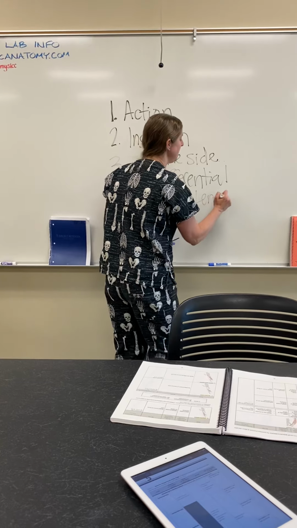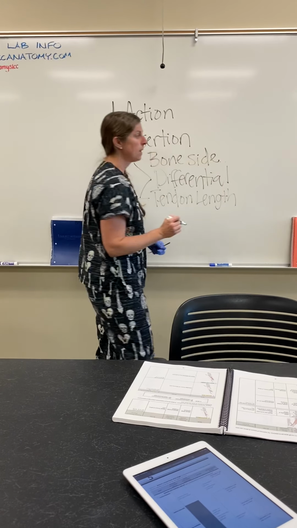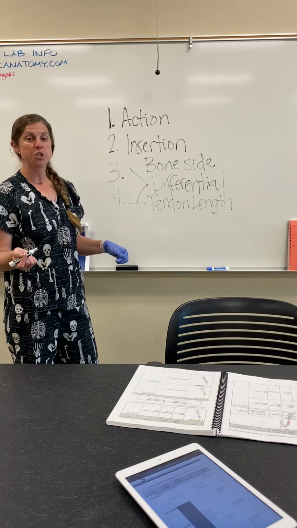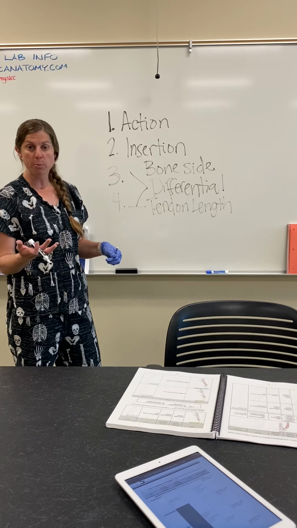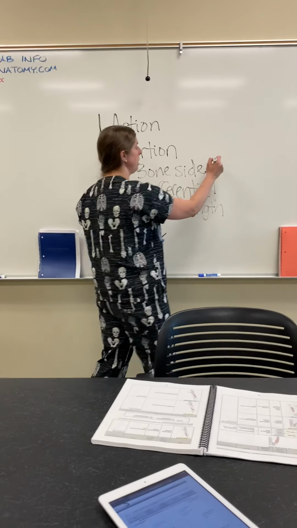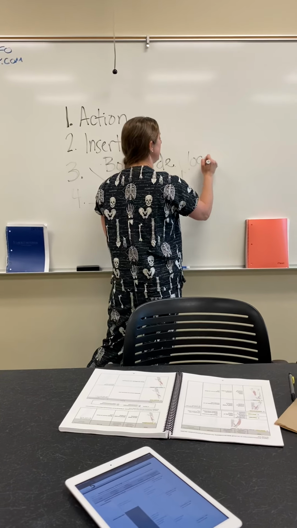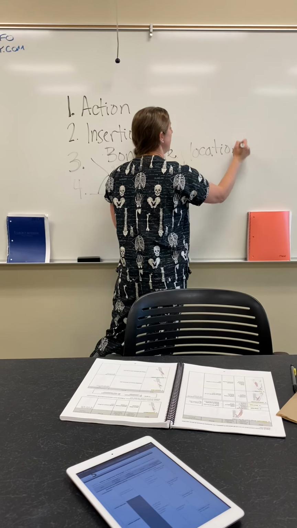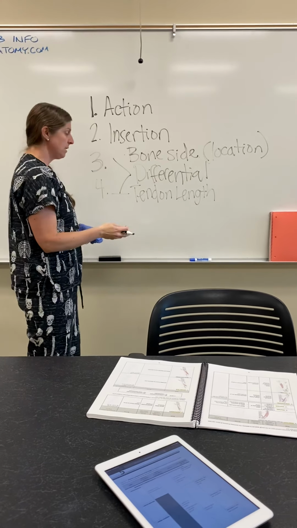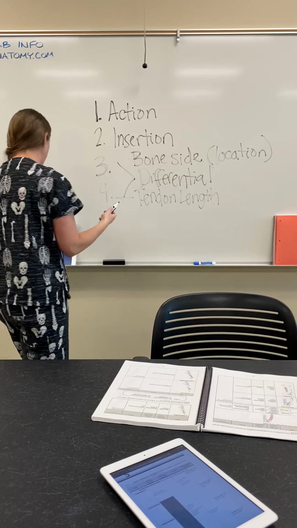We also see, like in the case of digitorum, that one is more superficial than the other. So it's based on location. So maybe as opposed to bone side, we can call this location. Just how it is with the other muscle that it's associated with, first two names are the same.